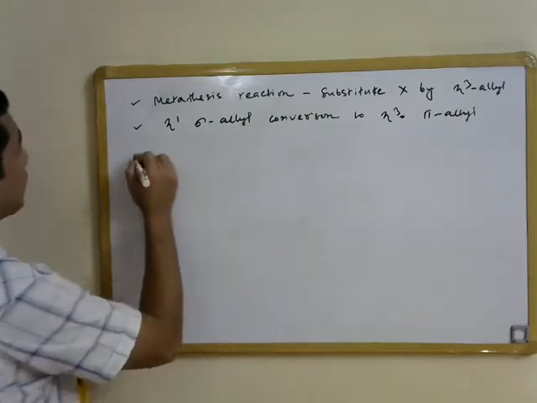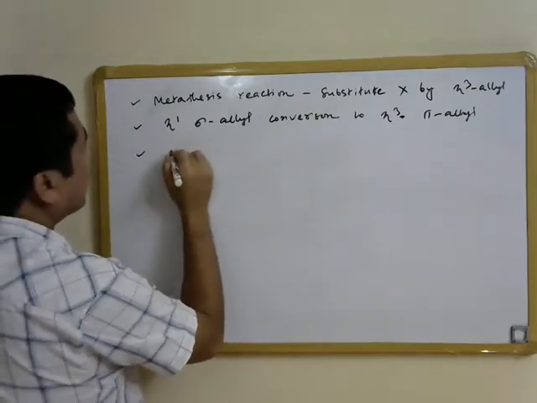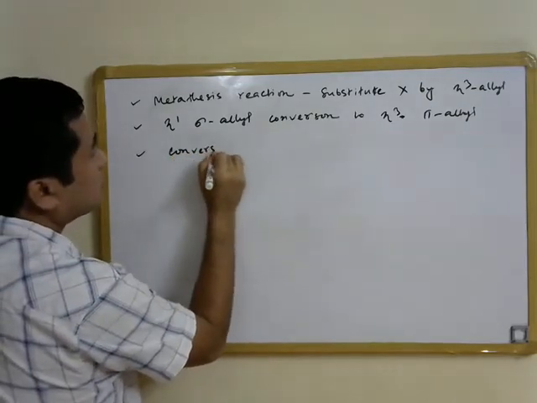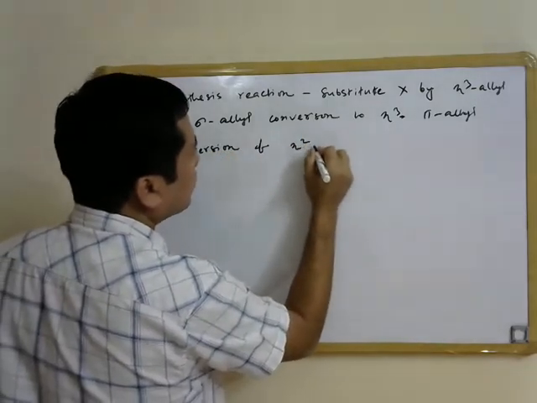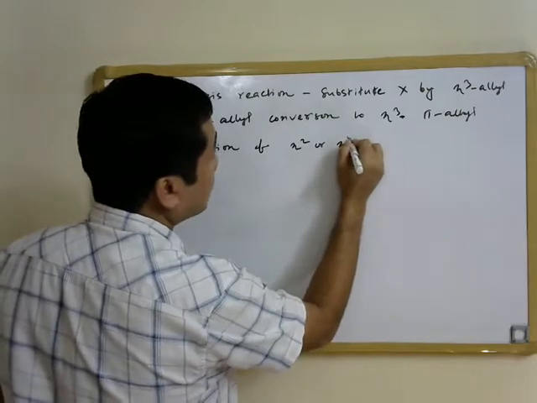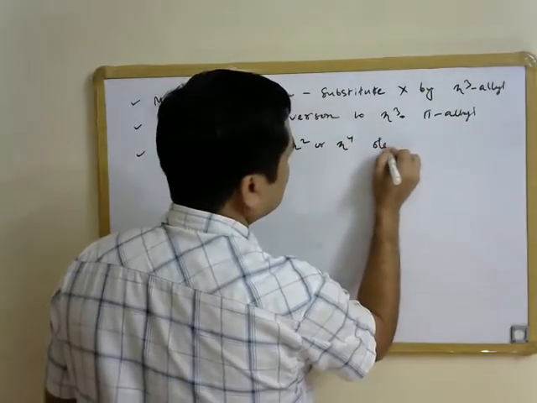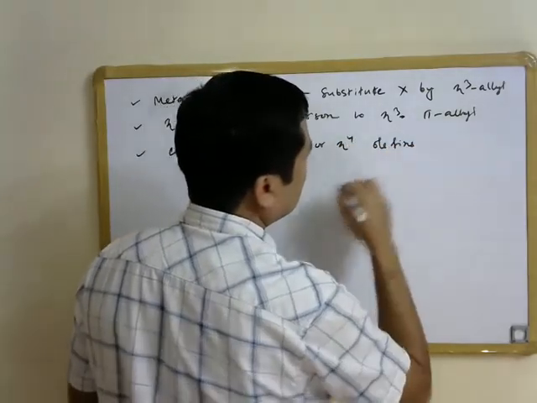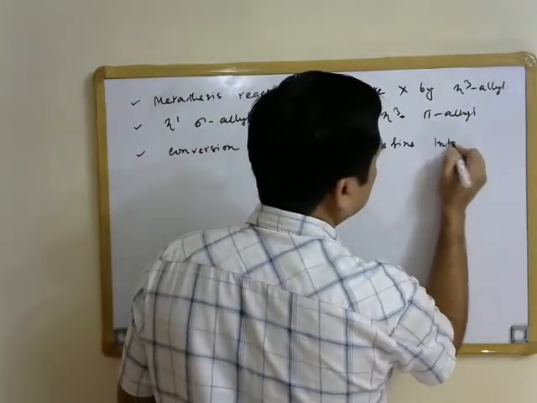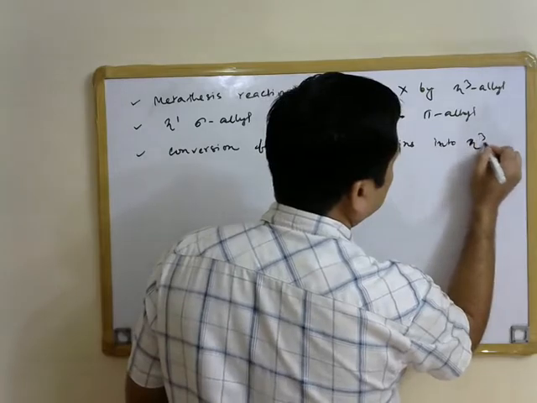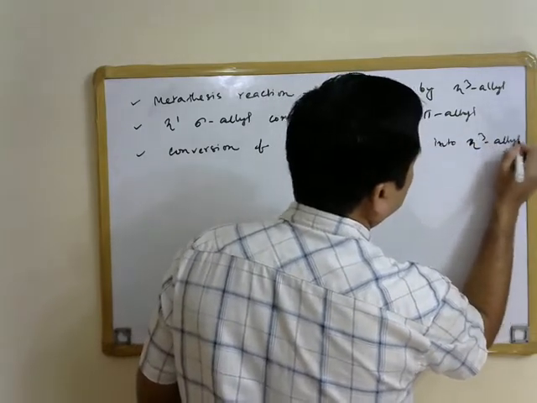Then the third type of reaction involves conversion of either eta 2 or eta 4 olefins or diolefins into eta 3 allyl complexes.